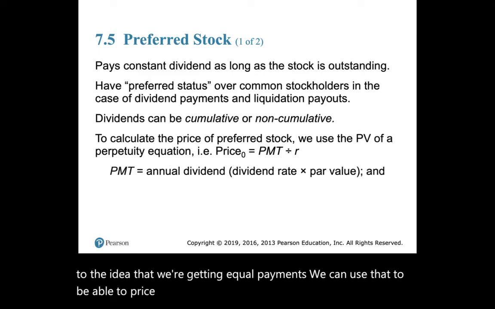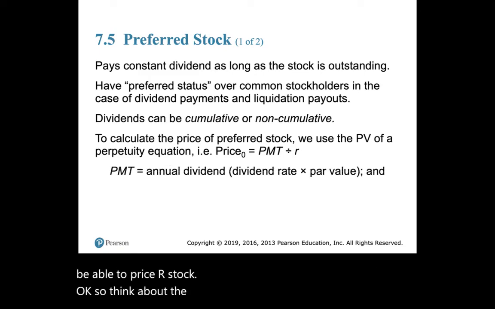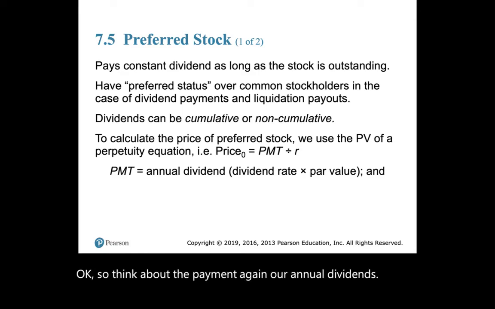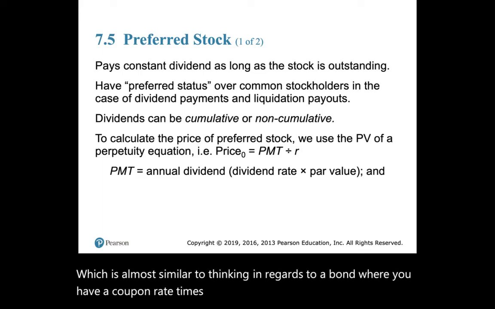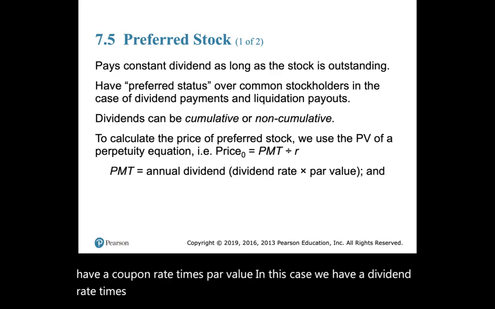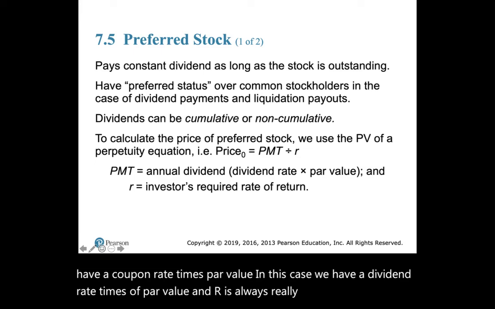Okay, so think about the payment, our annual dividends, which is almost similar to thinking of it in regards to a bond where you have a coupon rate times par value. In this case, we have a dividend rate times a par value. Okay, and R is always really the expected annual rate of return of the investor.